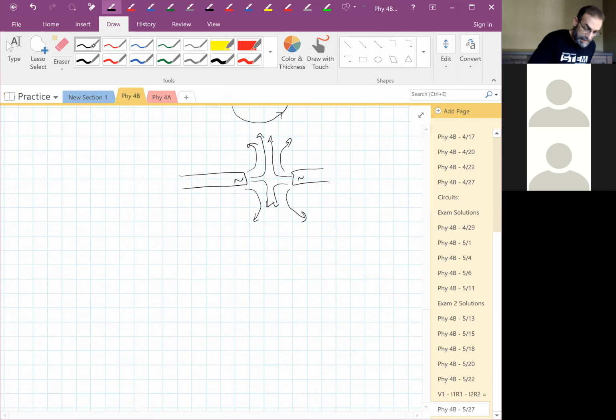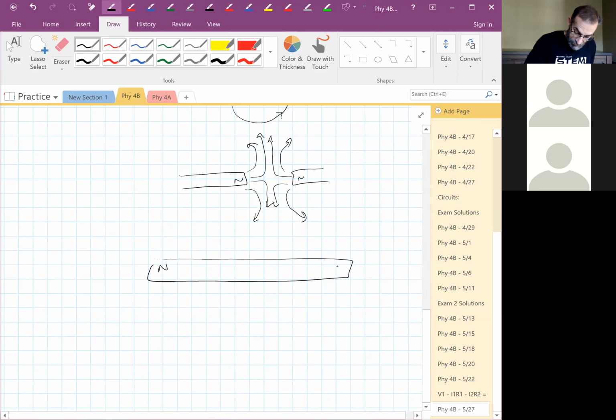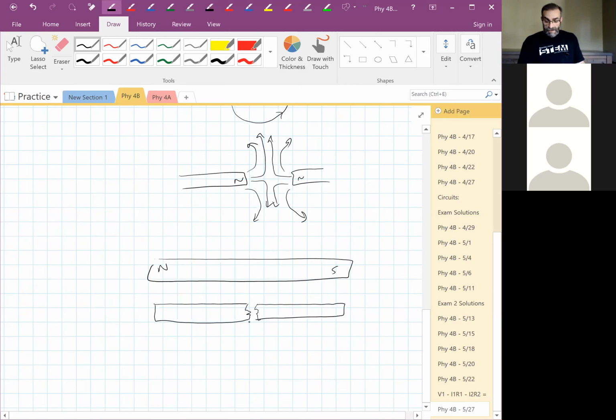And if we take a magnet with a north pole and a south pole, and we break it down the middle, what do we get? All the north poles on one side, all the south poles on the other side?